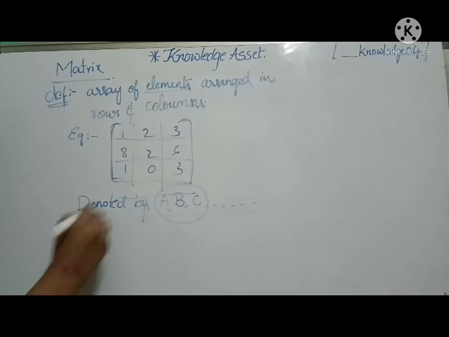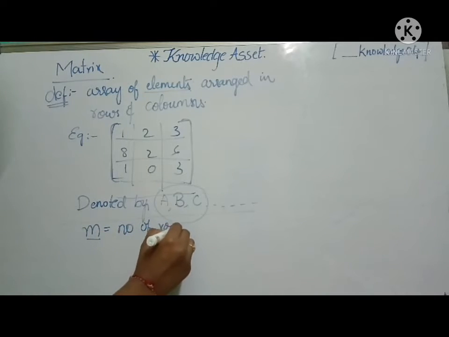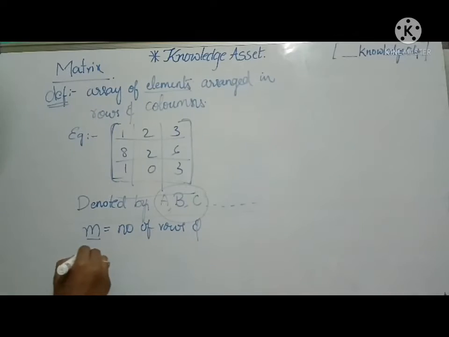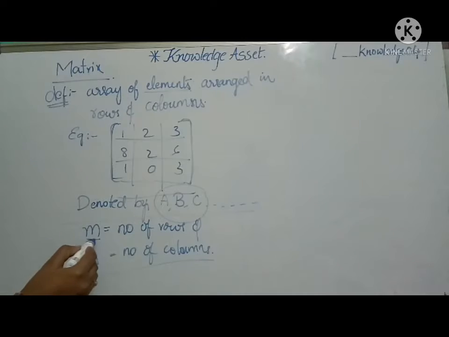So in a matrix, m is considered as the number of rows and small n is equal to the number of columns. Okay, m is the number of rows and n is the number of columns in a matrix.